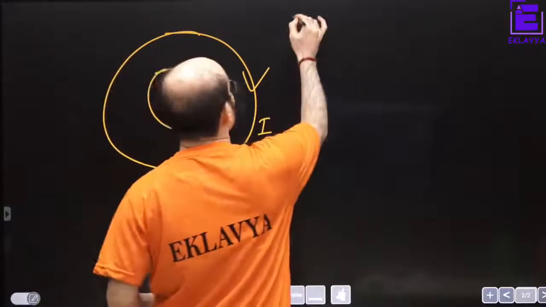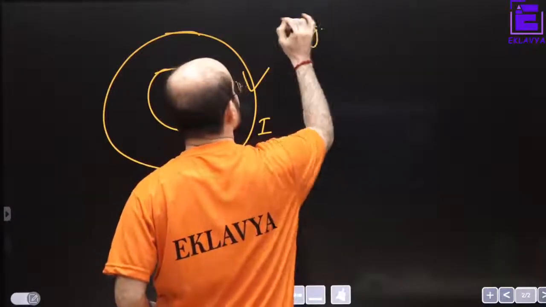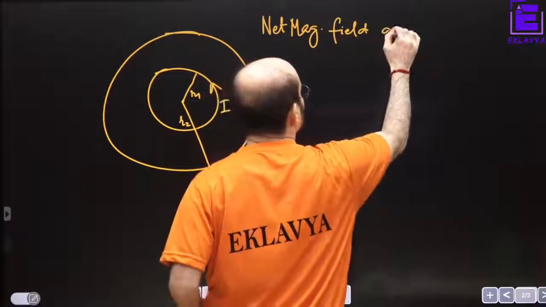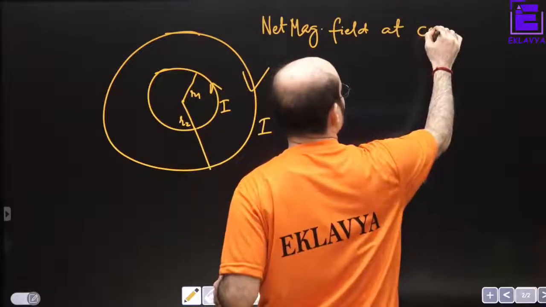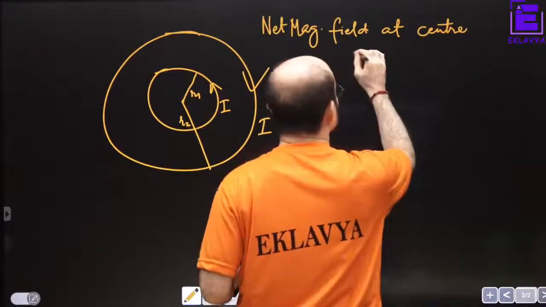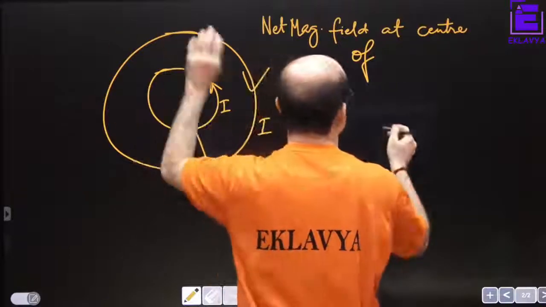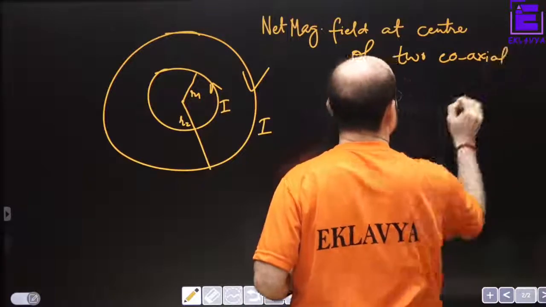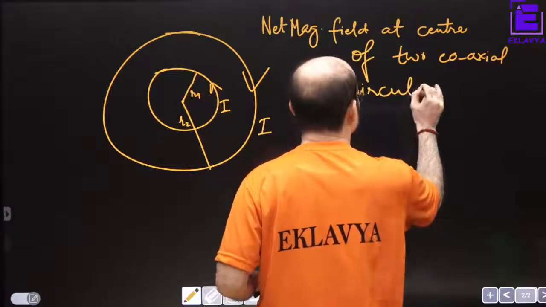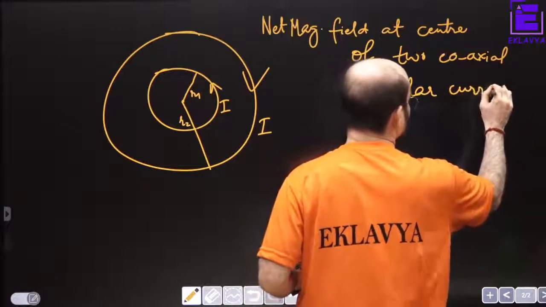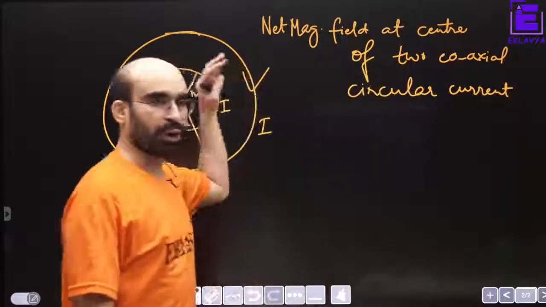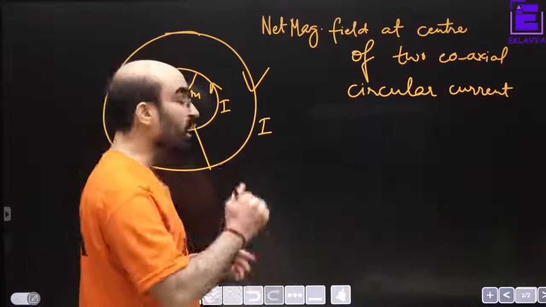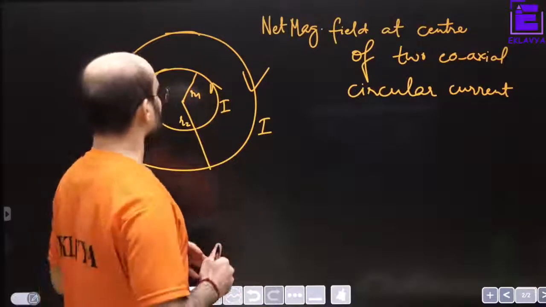We need to find out the net magnetic field at the center of the two coaxial circular currents. How to get it? It is very simple. We need to take into account the direction of magnetic field as well as the magnitude. So let us solve this.